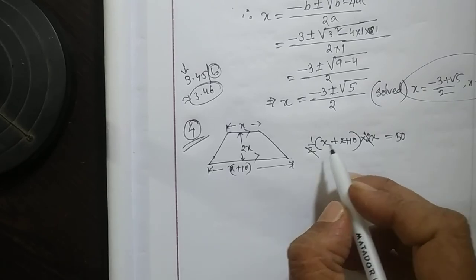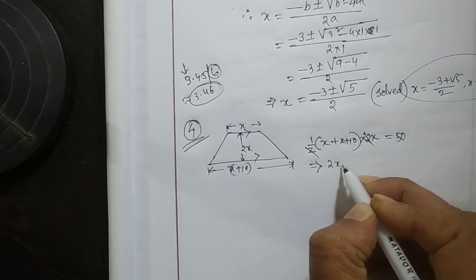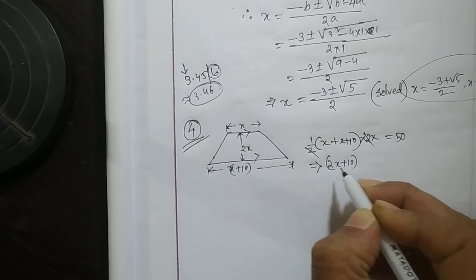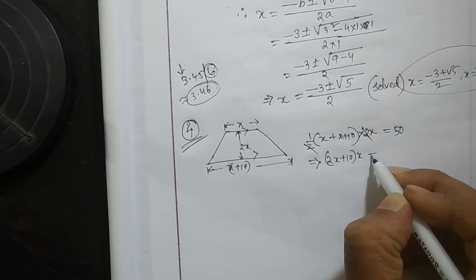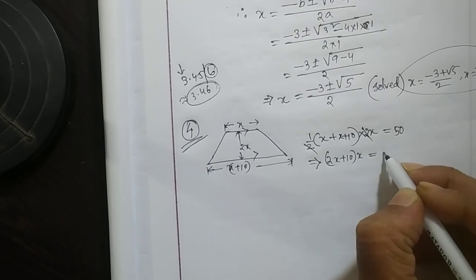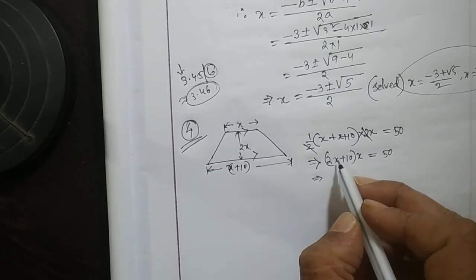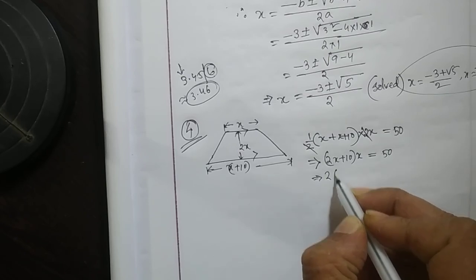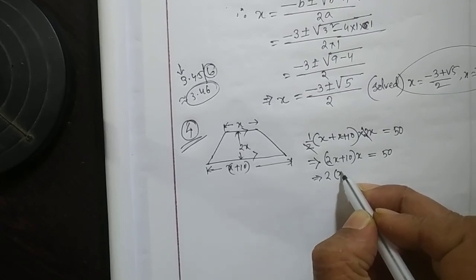So it is half times x plus x plus 10, the sum, and outside we have twice x, and on the right side we have 50. We can take 2 common and distribute this x here.